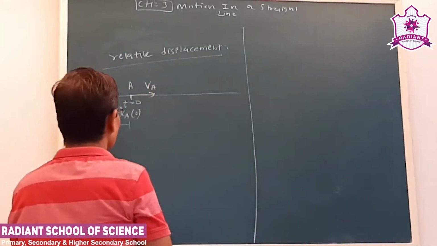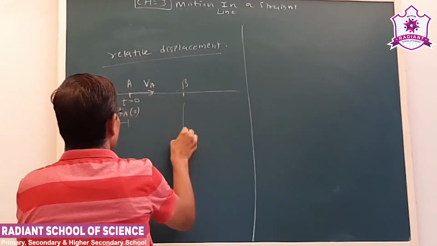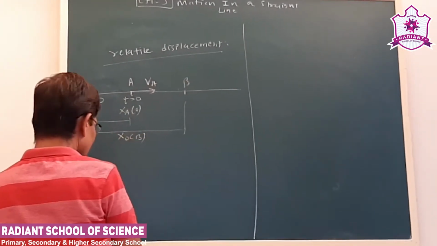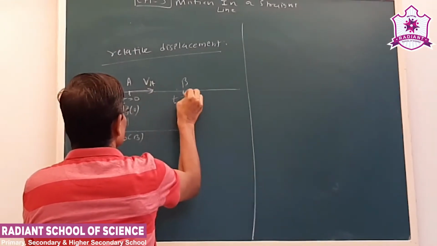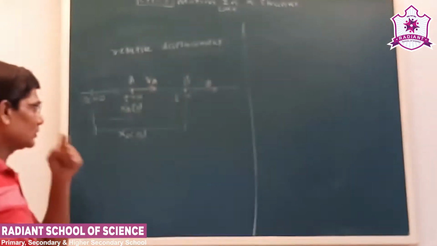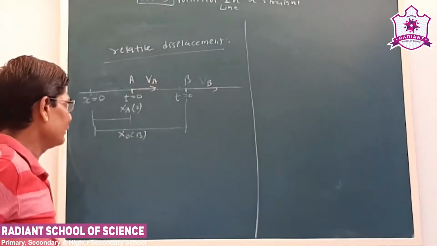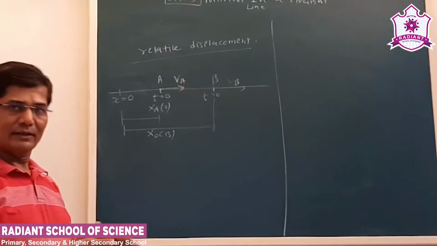Now let us say the object B is at a distance of x0b, that is the position of B at t equal to 0, and B moves in the same direction with the velocity vb. Now both move in the same direction. We have to find out where and when they meet.